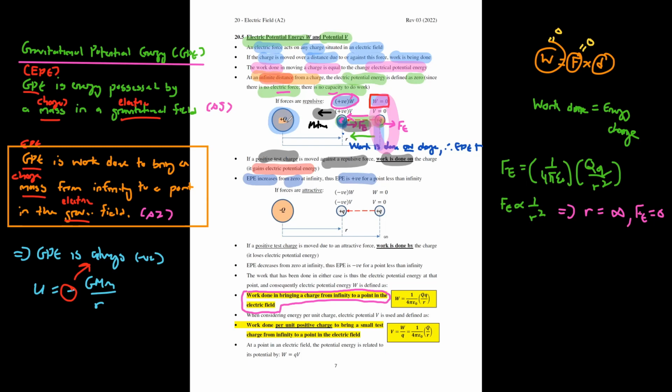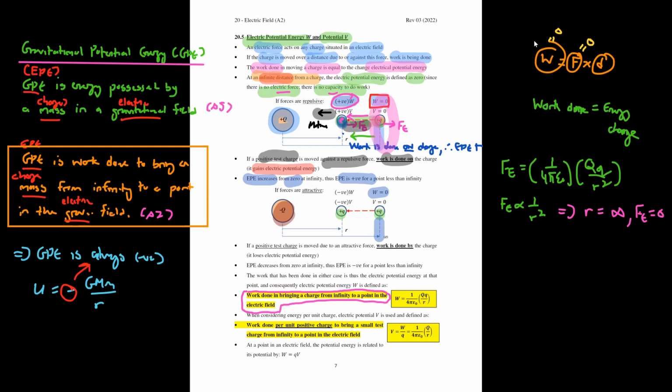It depends on the sign of the main charge. Say for example, right now I change the main charge to a negative charge like this. This one below here is now your negative charge. Again, I consider bringing a positive test charge from infinity to a point inside the electric field. As before, at infinity your electric potential energy is 0.